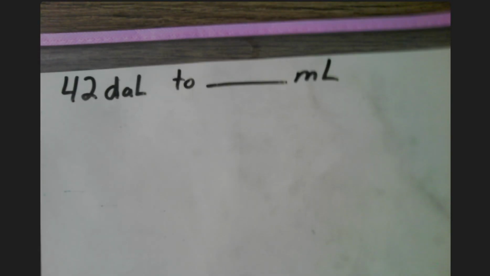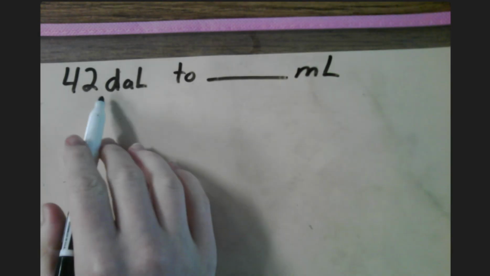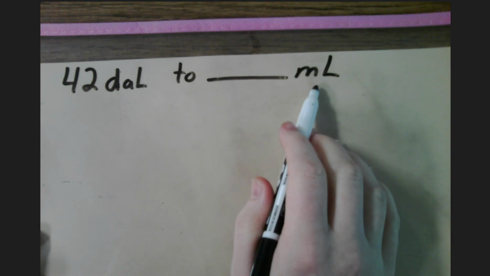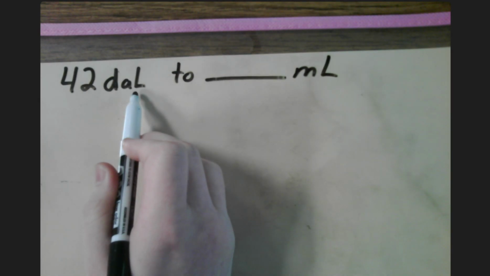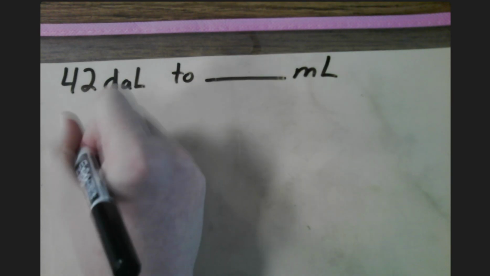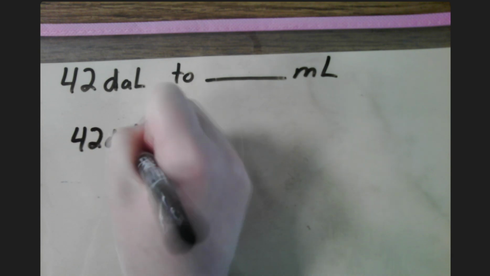Now let's bump it up a notch. Let's try this one. All right. 42 decaliters to milliliters. Okay, let's start with what we know. We know that we have 42 decaliters.